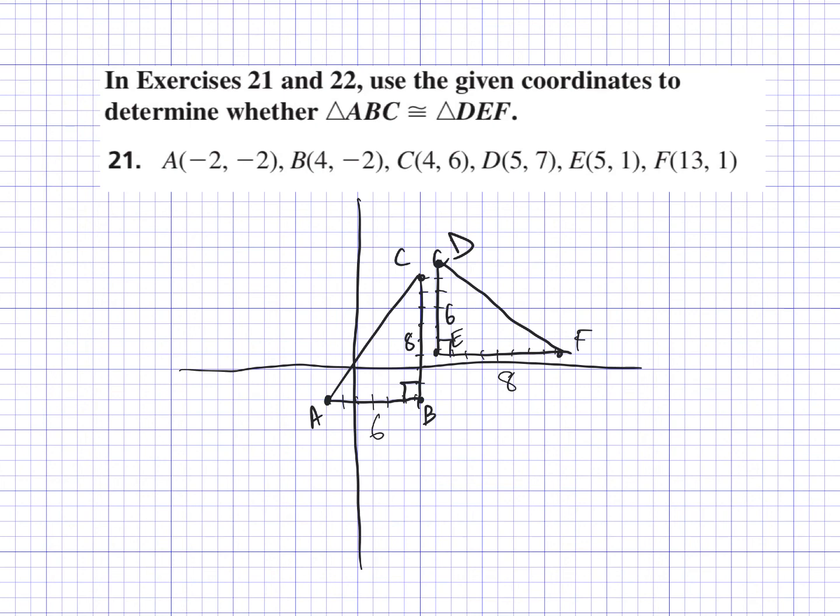And now check our order, A, B, C, D, E, F, and 6 to 8, 6 to 8. It is in the correct order, and so you have side angle side. Yes, they are congruent, side angle side.